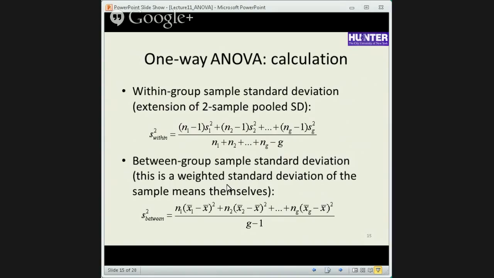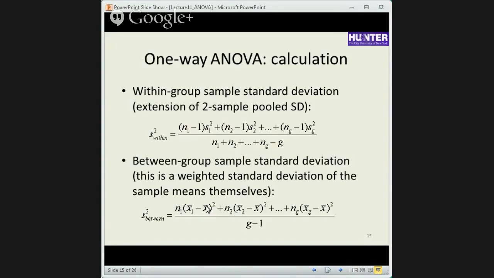And then you calculate this between group standard deviation, which is again a weighted standard deviation, but here instead of calculating the standard deviations within the groups, you take the mean of the group minus the so-called grand mean.